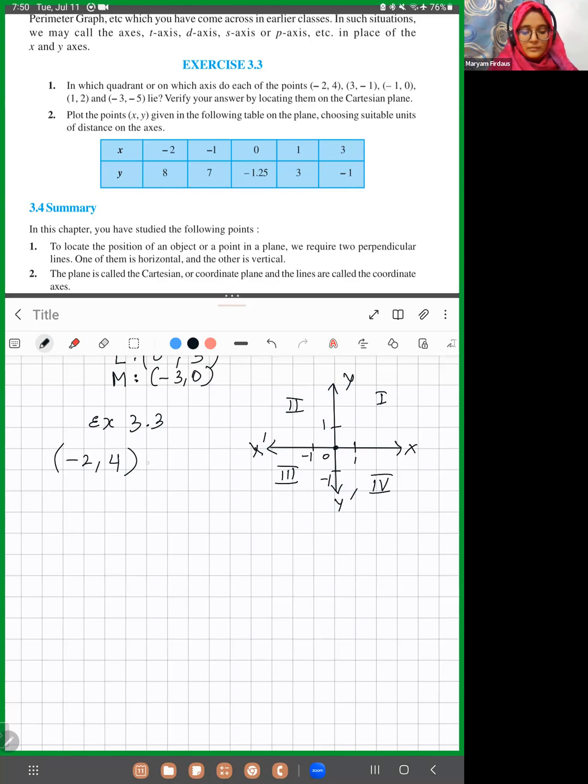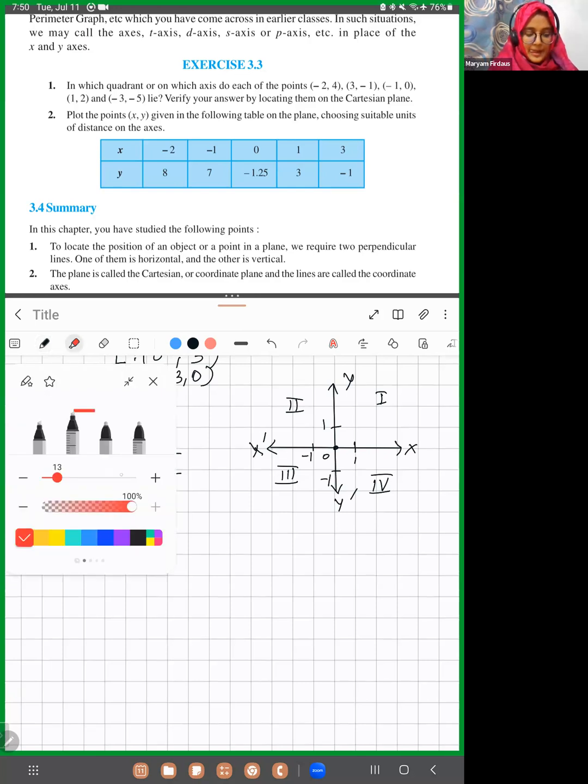Now, Alina. It lies on the second quadrant. Yes, it lies in the second quadrant. Now, next point, 3 comma minus 1. It lies under quadrant 4.